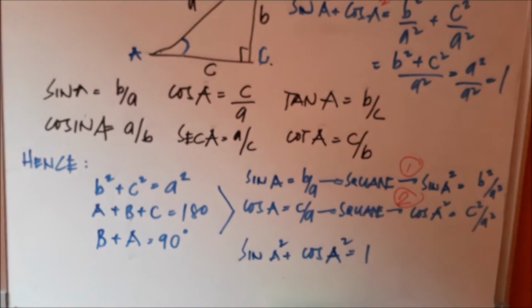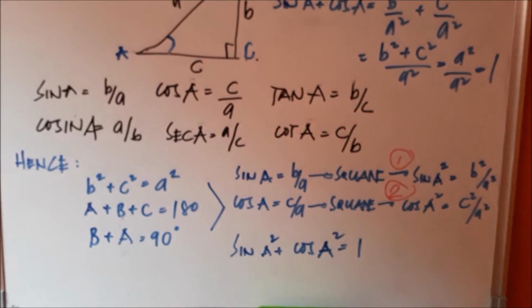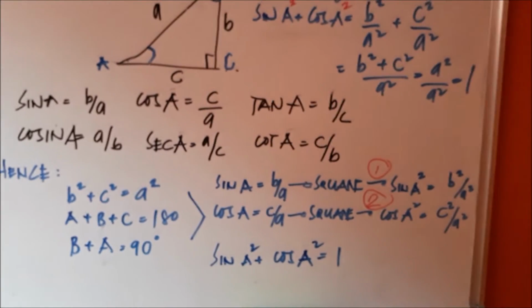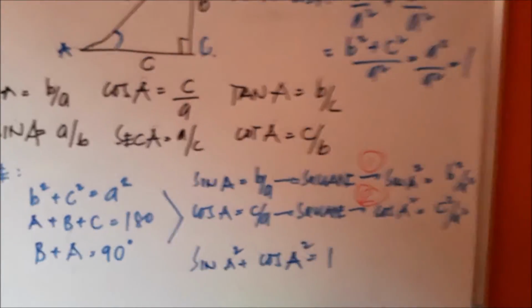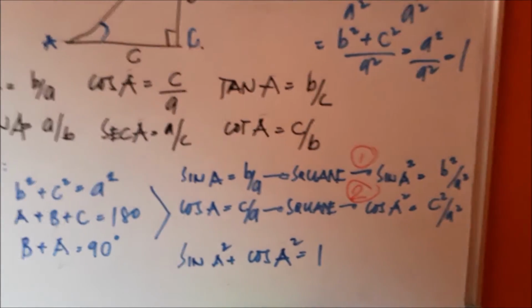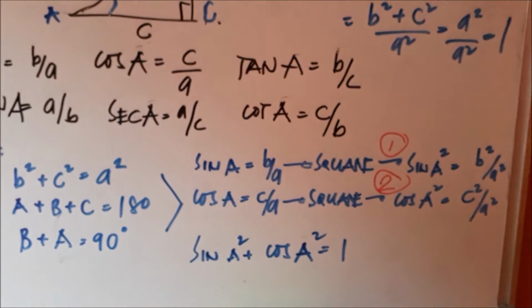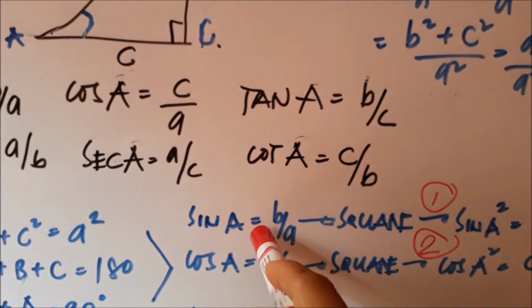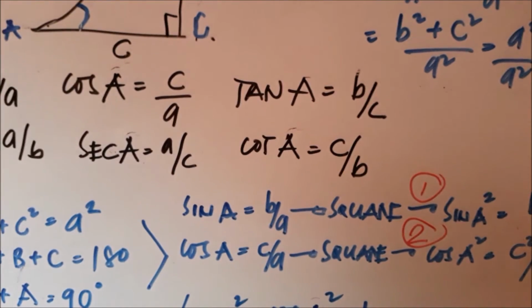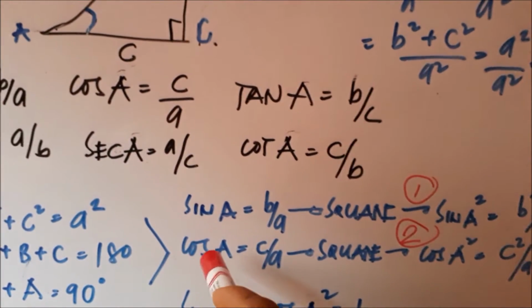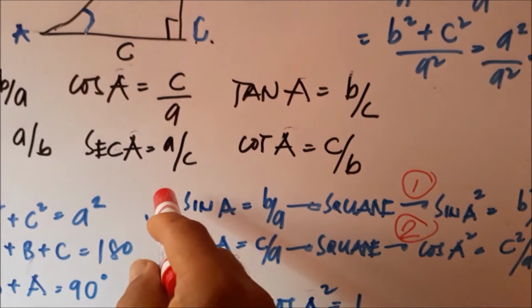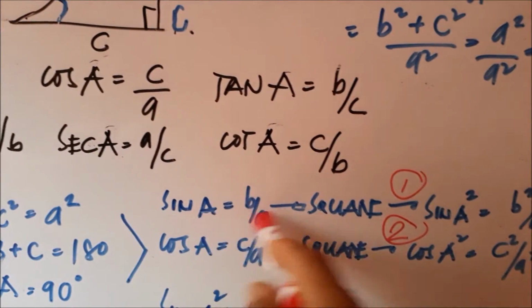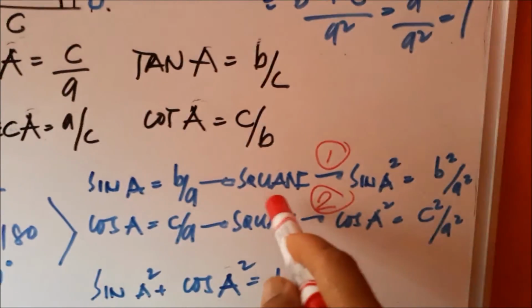Let's go to verification of equations. We have sine A equals B over A, and cosine A equals C over A. Let us square these.